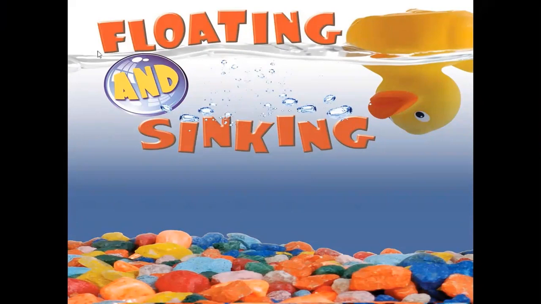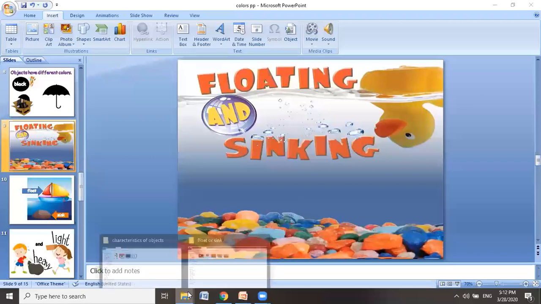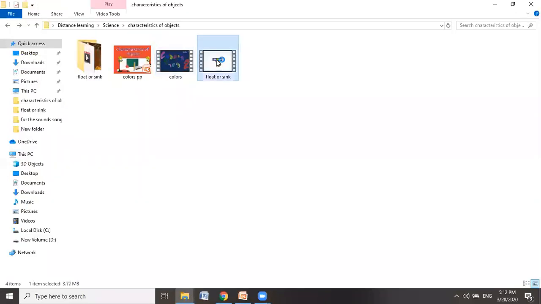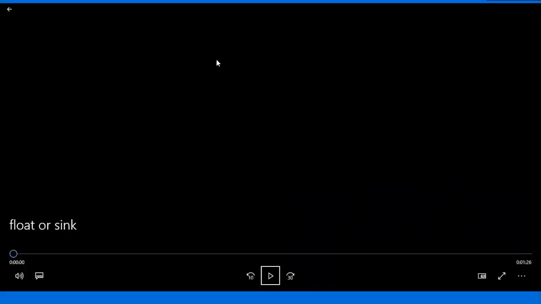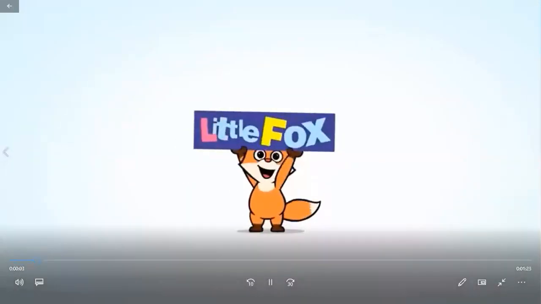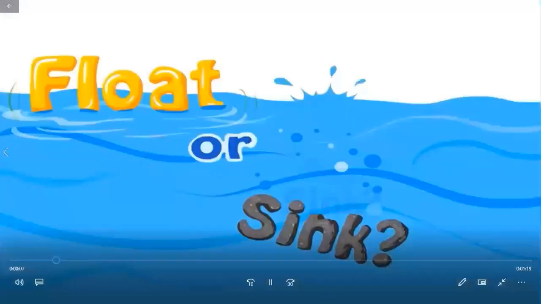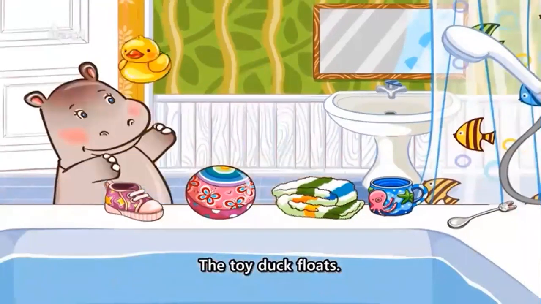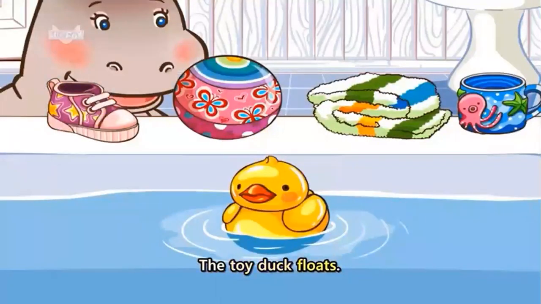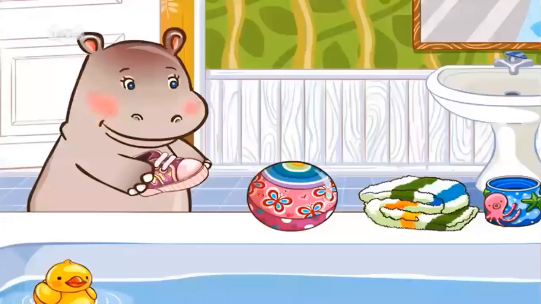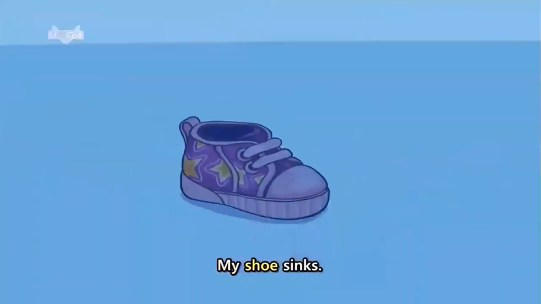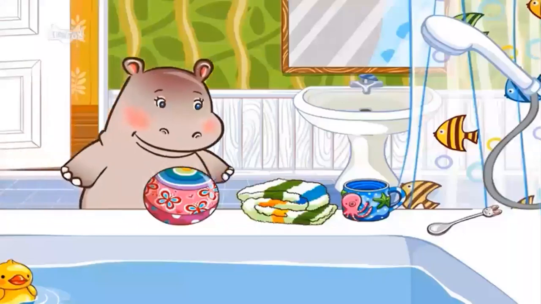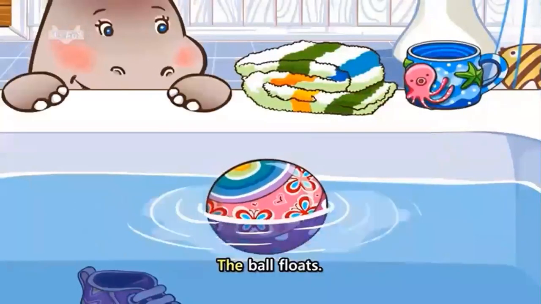Little box. Float or sink? The toy duck floats. My shoe sinks. The ball floats.